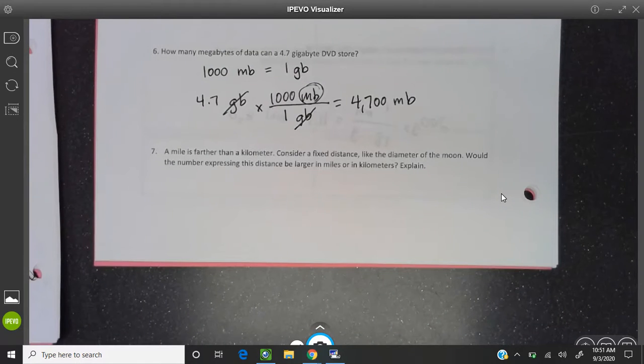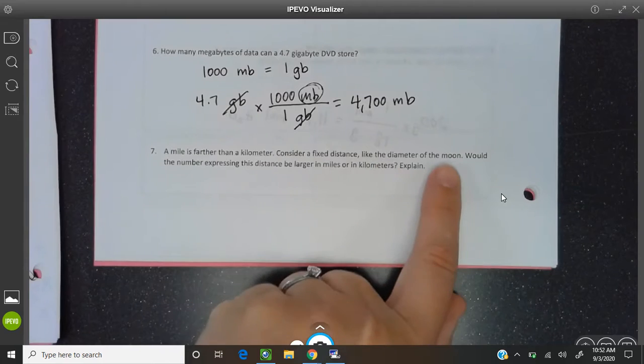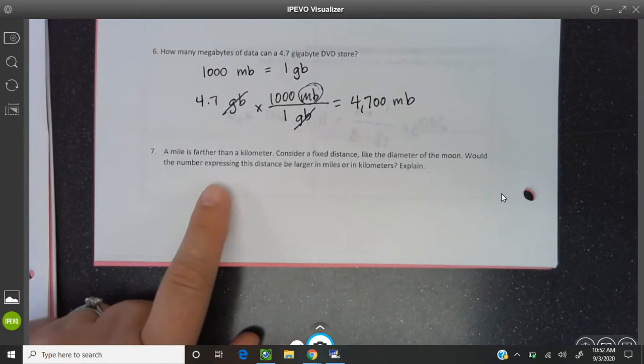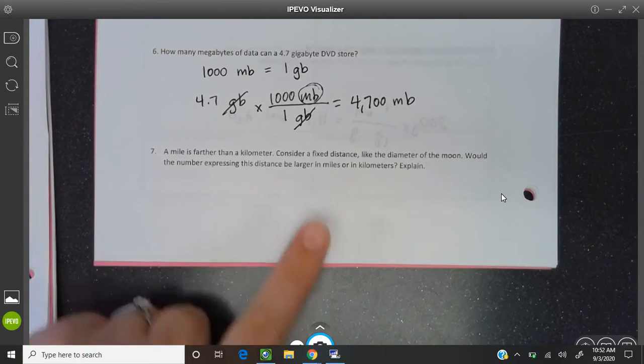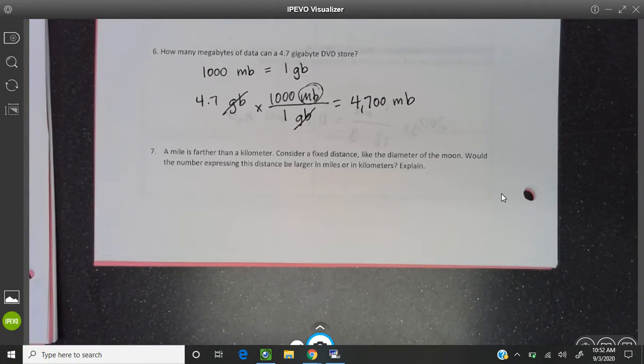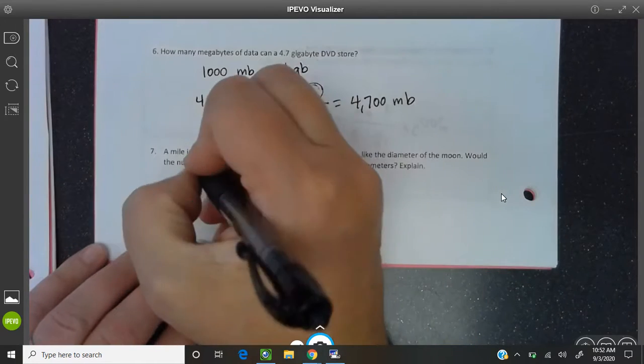A mile is farther than a kilometer. So if you think about a fixed distance, like the diameter of the moon, would the number that expresses that distance be larger in miles or kilometers? Would you have more miles or more kilometers? You're going to have more kilometers. You're going to have more of the smaller thing.